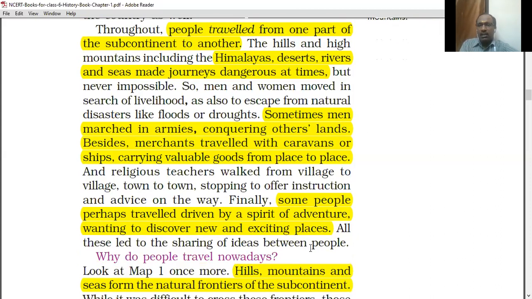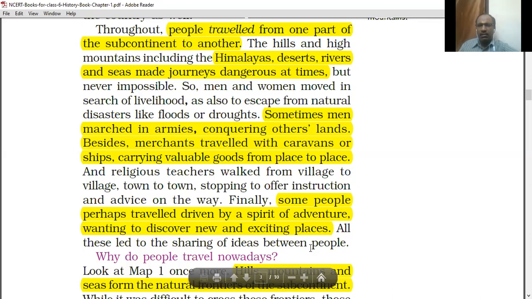Religious teachers also walked and spread their ideals, going from village to village and town to town, stopping to offer instruction. We see these religious teachers advised and taught their ideas, the good things.